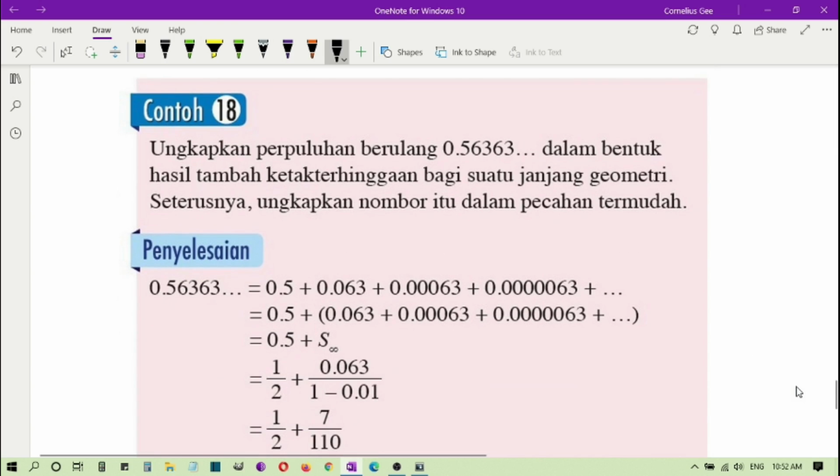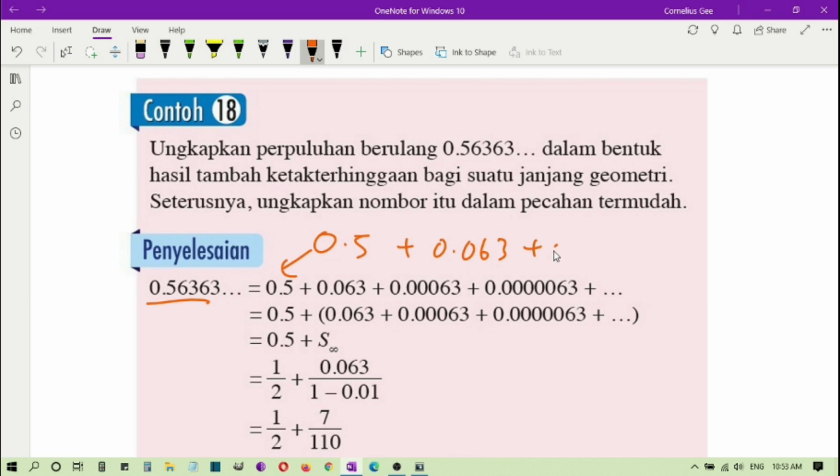This is the one that teacher wants to talk about. This is a popular question, because you have a decimal that is repeating. For example here, 0.5 is the first term, plus 0.063, plus 0.00063. So you can see the last one here is a repeating number.